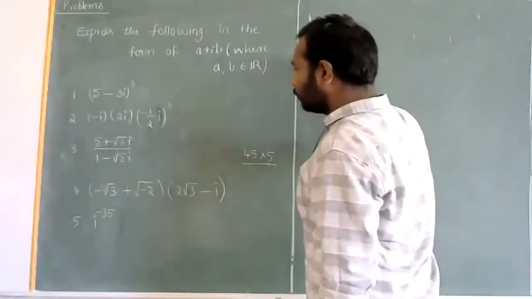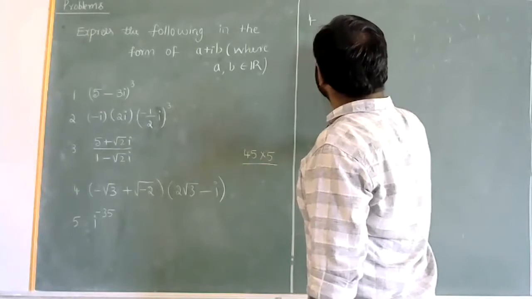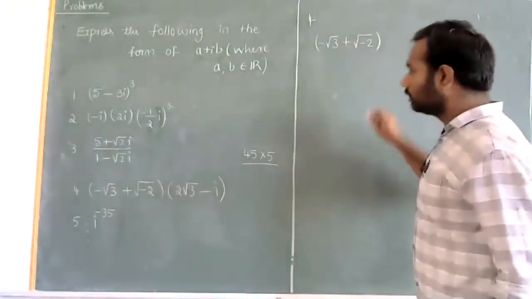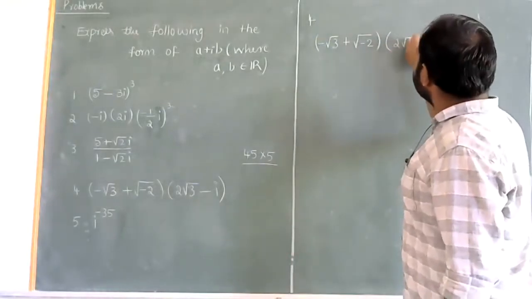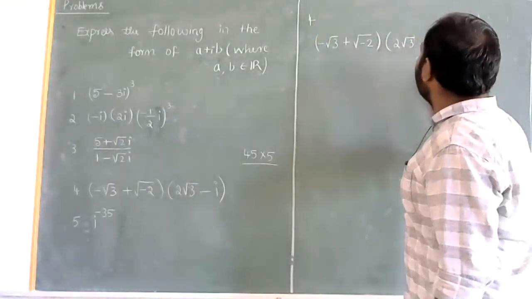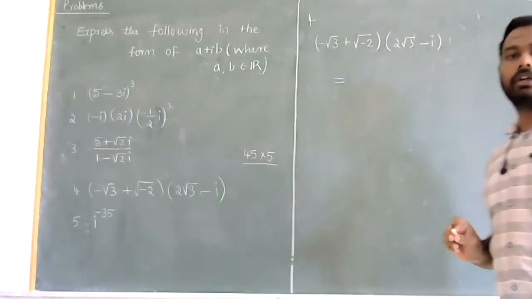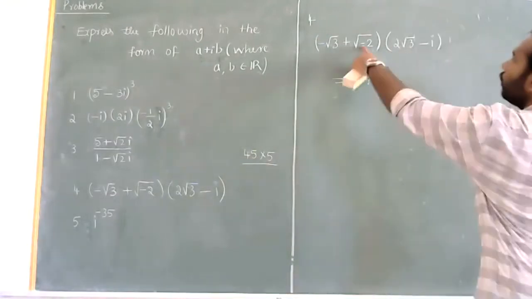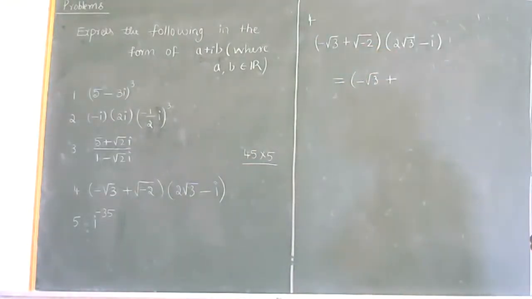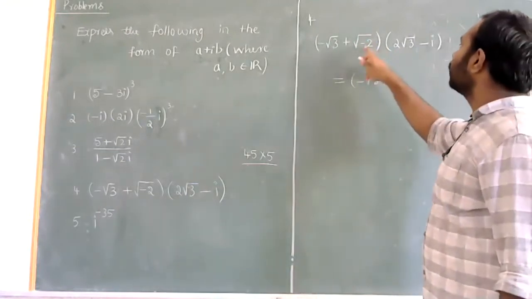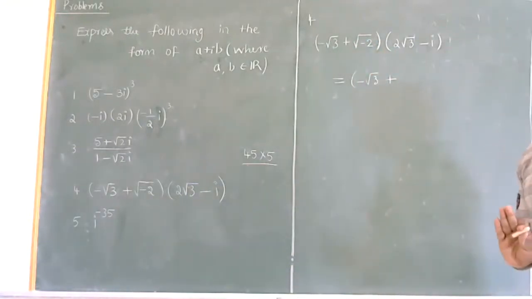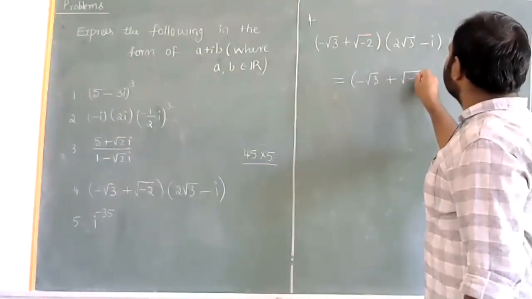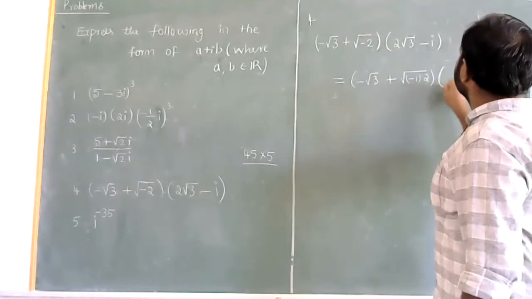Next, the fourth one. So what we have: minus root 3 plus root of minus 2 into 2 root 3 minus i. You know that the root of a negative number is not defined as a real number. So we can split it: minus 1 into 2.